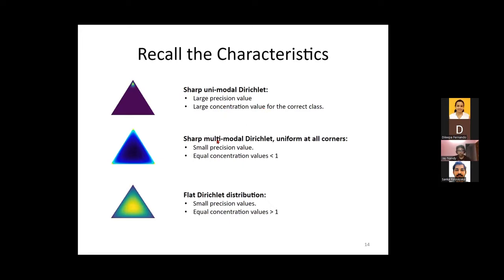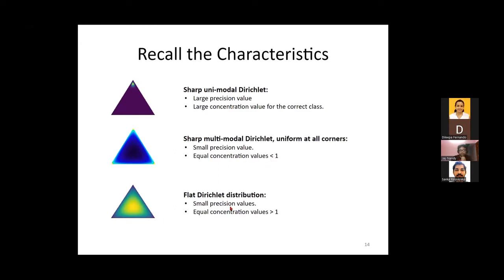And when we want to achieve something like this other representation, we probably want to produce negative logit values that would lead to concentration values which are less than 1.